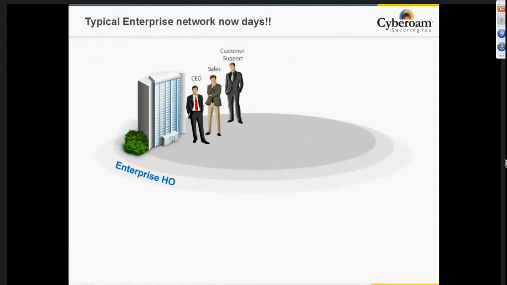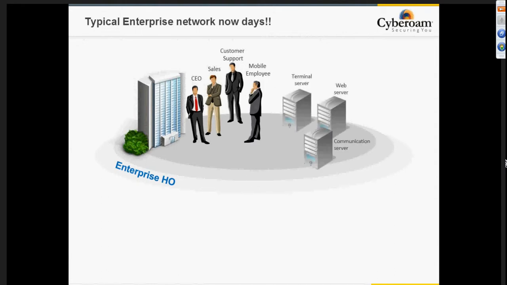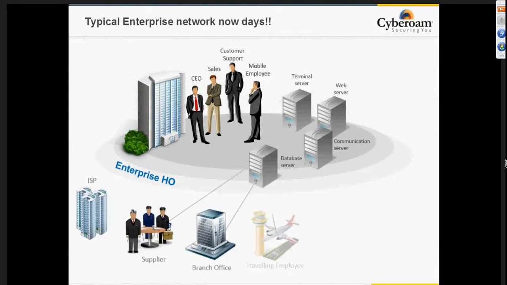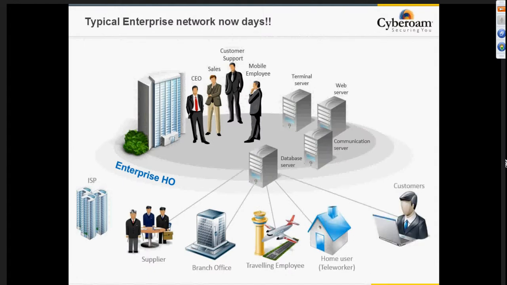So let us have a look at the typical enterprise network these days. With an enterprise, there's a head office which is connected back to different branch offices located in dispersed geographic locations, and there is the business of the organization. There are suppliers, vendors, customers, internal employees, sales, customer support, and employees who have smartphones, and there is a network operating system.